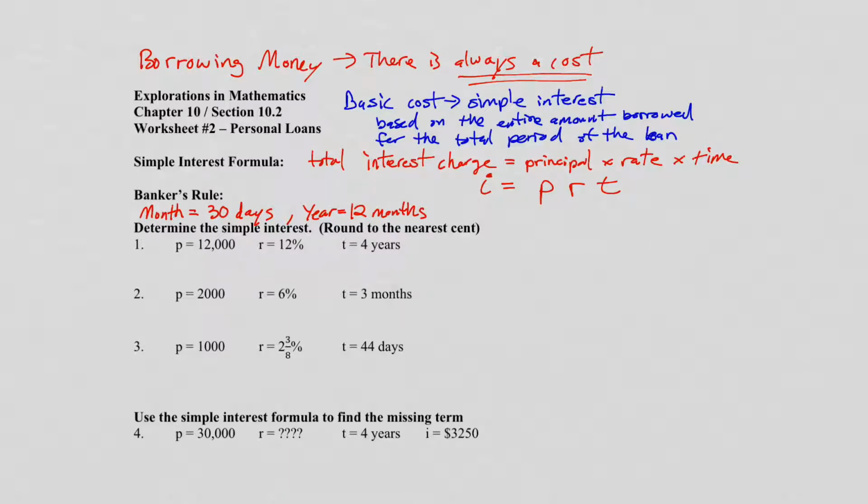So how many days are in a year for the banker? There are 30 days times 12, so that's going to equal only 360 days. Okay, that is the banker's rule. Unless the problem specifically says use 365, we are going to be using the banker's rule, which is 360 days.